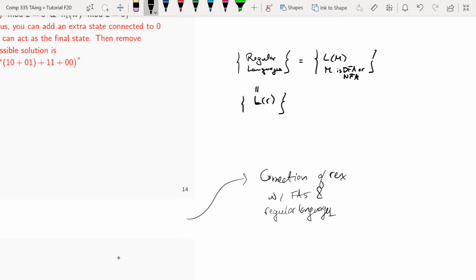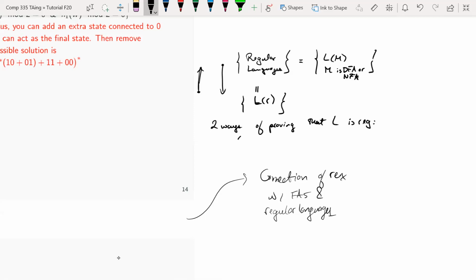If a language is regular, then there exists a regular expression R that denotes it. And if there is a regular expression that denotes L, so if we have L of R, then this language is going to be regular. So what this means is that now you have two ways of proving that L is regular.